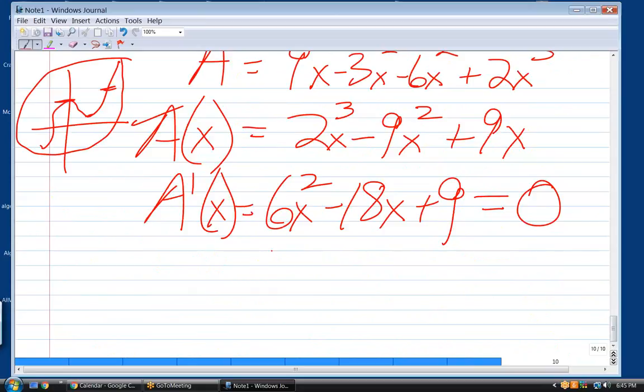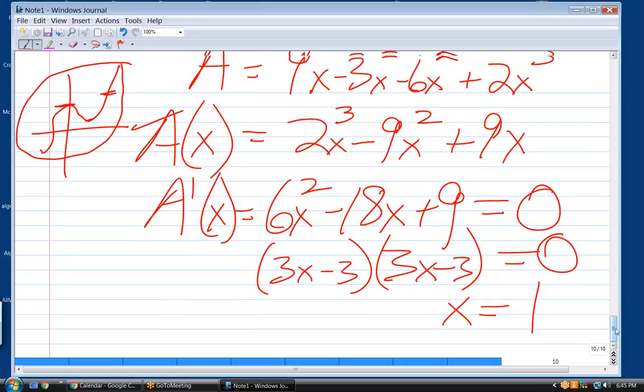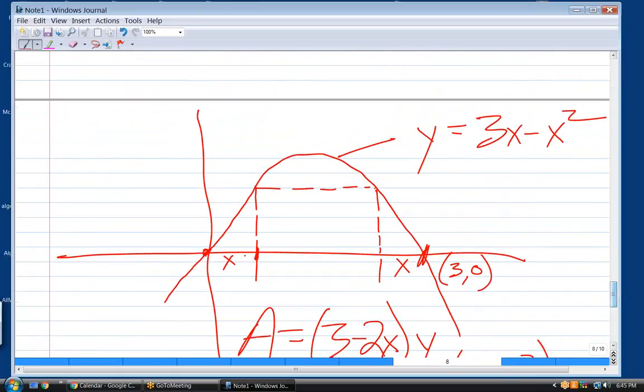If I solve this, I get 3x minus 3 times 3x minus 3 equals 0, x equals 1. So it's at a value of x equal 1 that the base of that rectangle should begin.